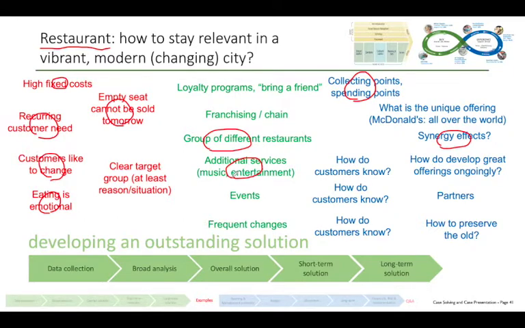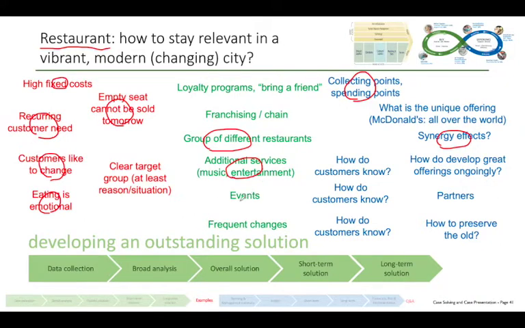And what we have seen before with the zoo, how can we continuously offer events that are attractive to the customers. So the ongoing offering development is definitely something that we have to answer, how we can do that. And again, there are tons of options as we can partner with different entertainment sectors.